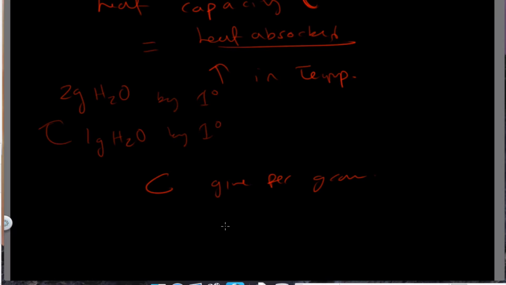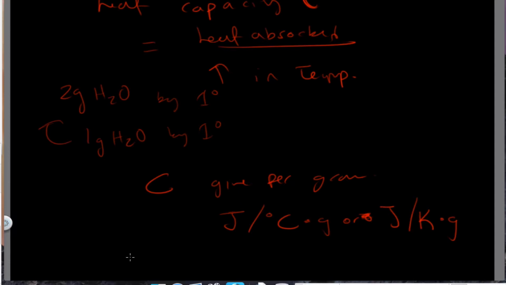And the units for this are joules over degree Celsius times grams, because grams is the most important thing here for specific heat. Or in other ways we can say this is joules over Kelvin times gram. Same thing. It's just a matter of which unit you're using for temperature.